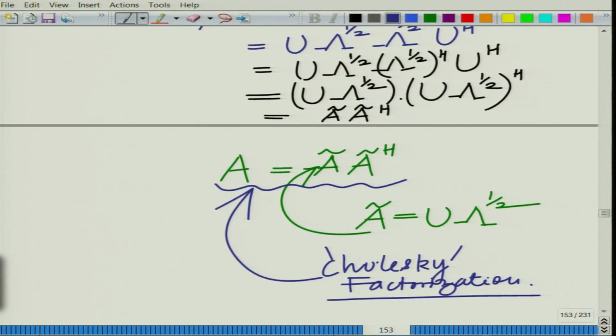That is, you have a positive semi-definite matrix that has non-negative eigenvalues, and of course orthogonal eigenvectors, and you can write it as U lambda U Hermitian, and essentially you can write any positive semi-definite matrix as A tilde times A tilde Hermitian.